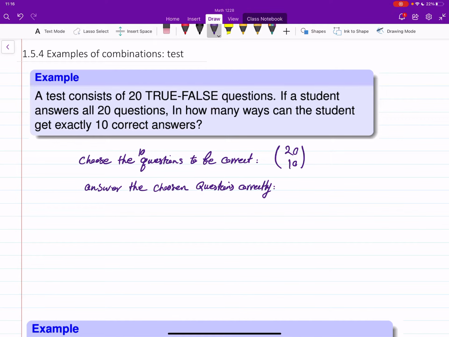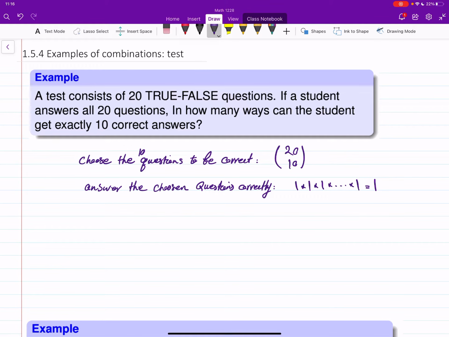Well, there is only one way for each one of these 10 questions. So for the first question, you have one case, the second question to be correct, there's only one possibility, and so on, which is all one.